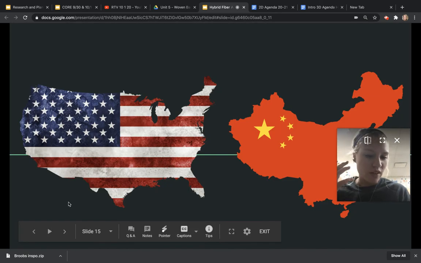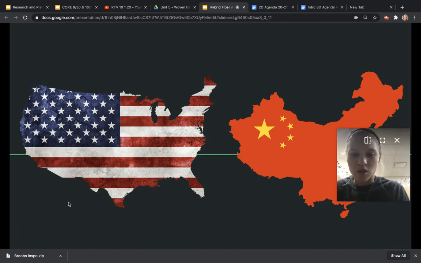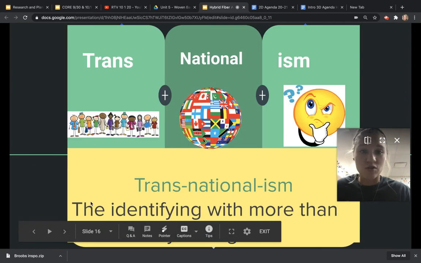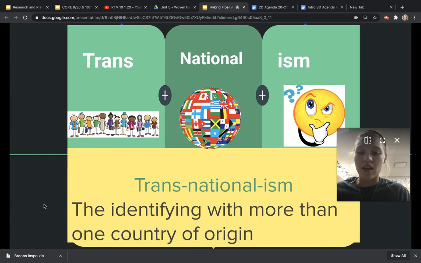And that sort of confusion, the miscommunication when he moved there trying to learn better English, and then when he moved back and he had forgotten some of his Chinese, it was very difficult for him, and it left him with a feeling of transnationalism. Transnationalism is a feeling where you feel like you identify with more than one culture of origin.